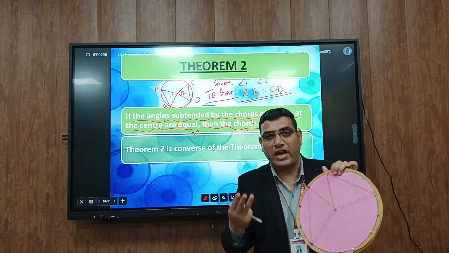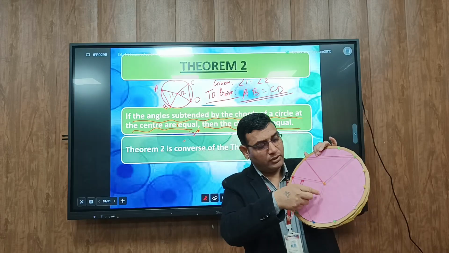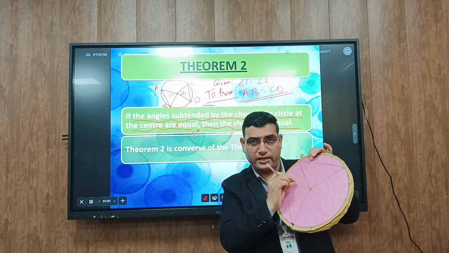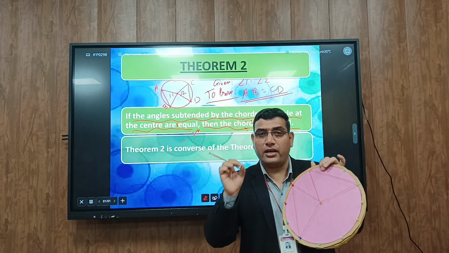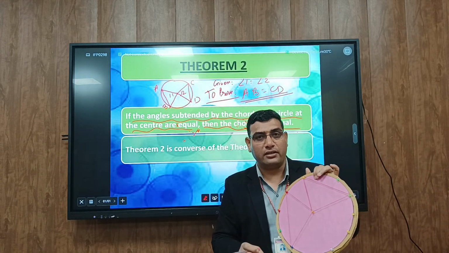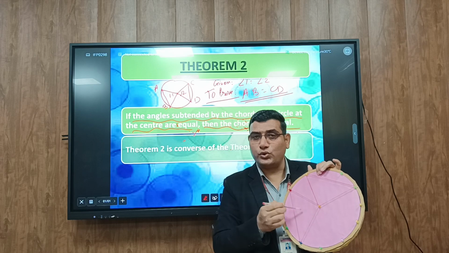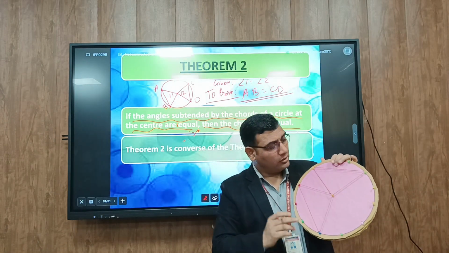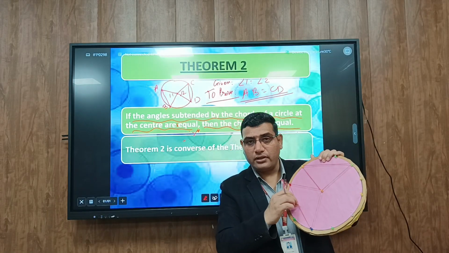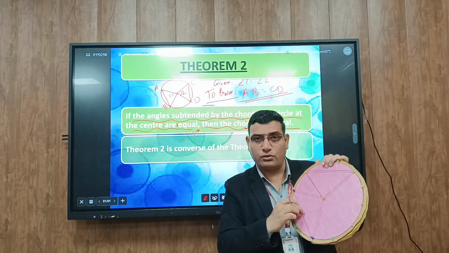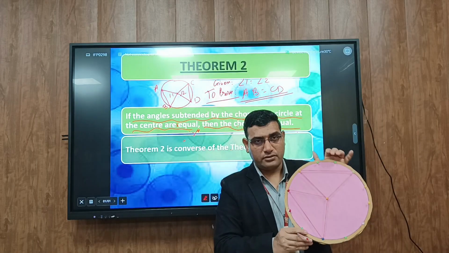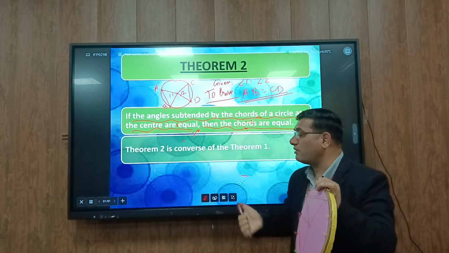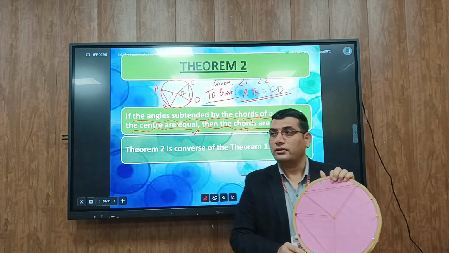So we have three statements to prove congruency: side, angle, and side. By using the SAS, side angle side criterion, these two triangles are congruent. Now we can say that chord AB is equal to chord CD by CPCT. This is theorem number 2, which is the converse of theorem 1.